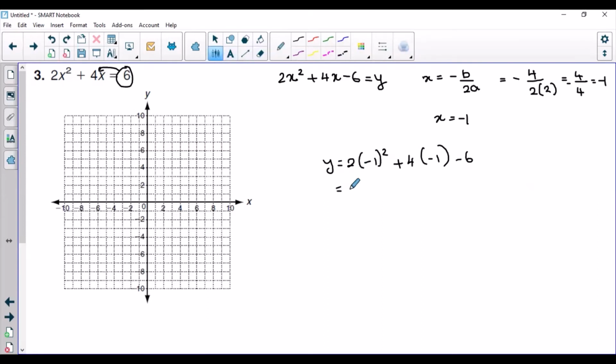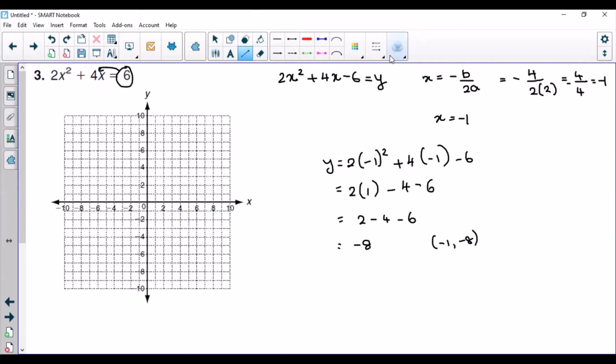First solve the parenthesis. 1 squared is 1, plus 4 multiplied by negative 1 gives you negative 4, minus 6. So it's going to be 2 minus 4 minus 6. 2 minus 4 gives you negative 2. Negative 2, negative 6 gives you negative 8. So the value of y is negative 8. The ordered pair is going to be negative 1 and negative 8.